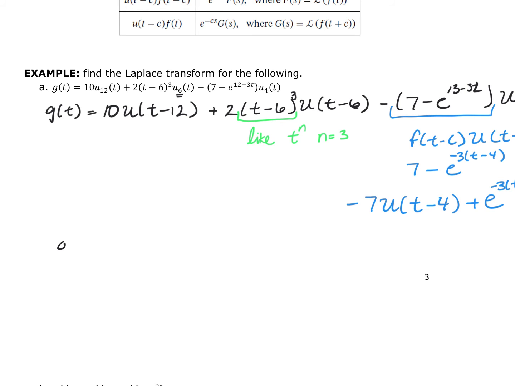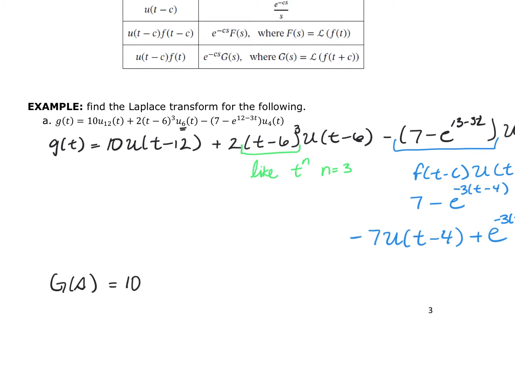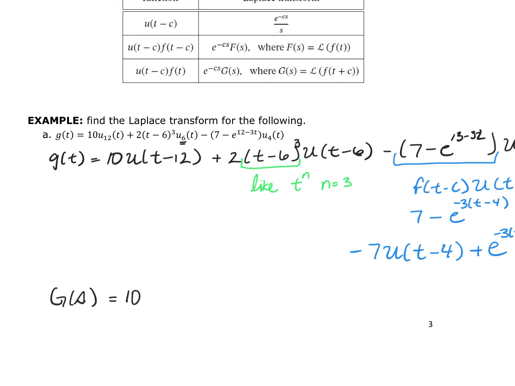So when I do the Laplace transform, I'm going to get capital G of s. Now that 10's just coming along for the ride, and then the u of t minus 12 is going to follow this one up here. So this is going to be e raised to the negative 12s over s.